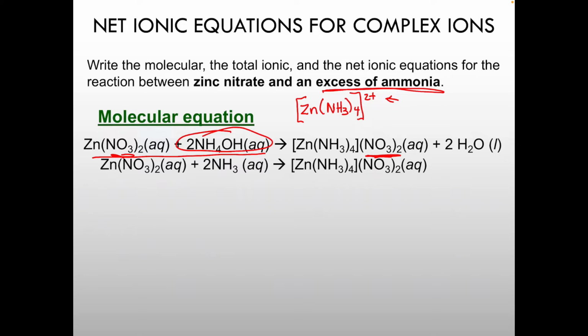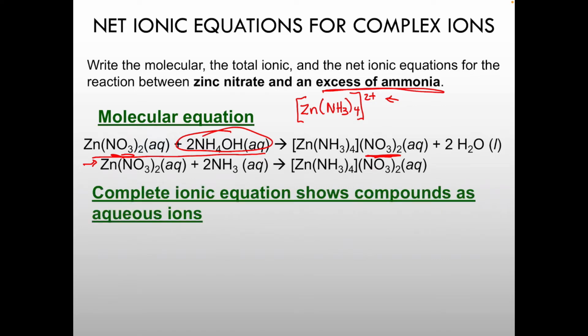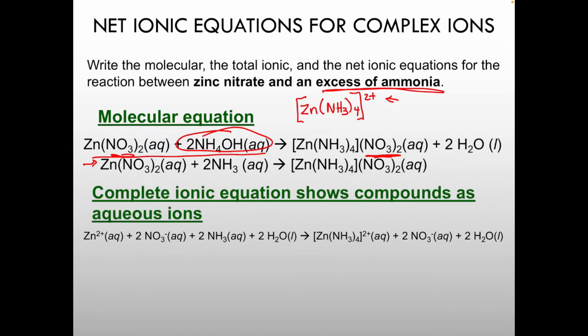When we have this reaction, we don't need that water to produce those hydroxides. So we don't need to write ammonia as ammonium hydroxide when we have an excess of ammonia. You totally can, I've shown it above, but you can write it this way now because we don't need that water in there to produce the hydroxides. Either way, totally fine. But depending on which way you wrote it, your total ionic reaction will look different.